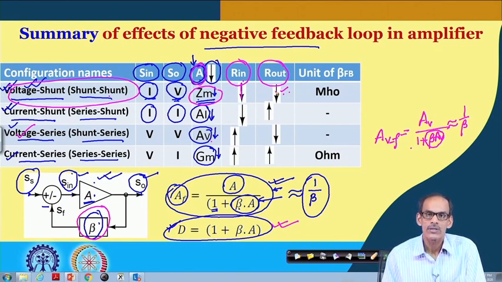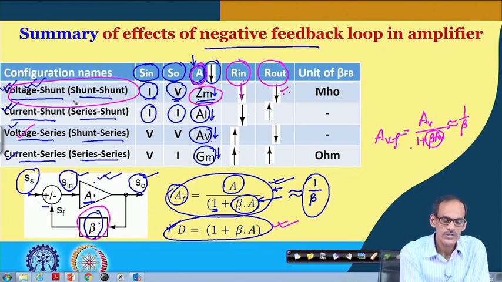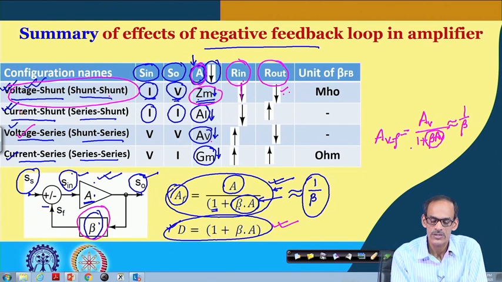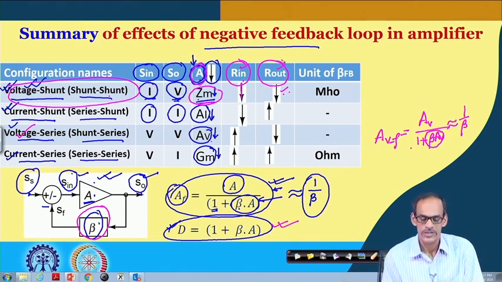So, there may be different objectives to follow this configuration. One of them is of course to stabilize the Zm. The other objective can be reducing the input resistance and or reducing the output resistance.